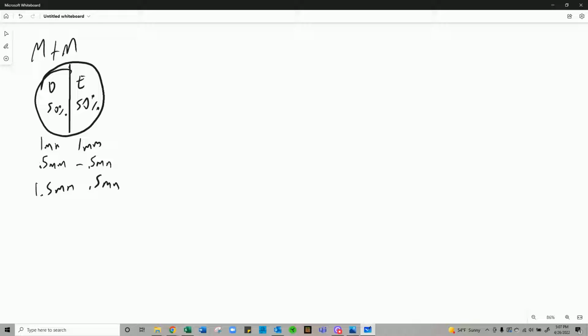So if we think about a firm, so we have the unlevered firm. That means that it has no debt. Unlevered means there's no debt, so it's 100% equity.